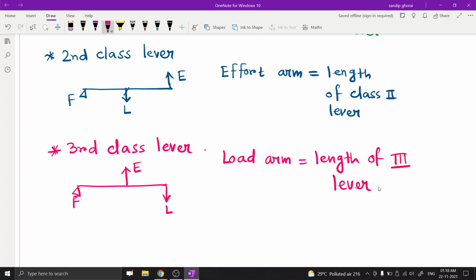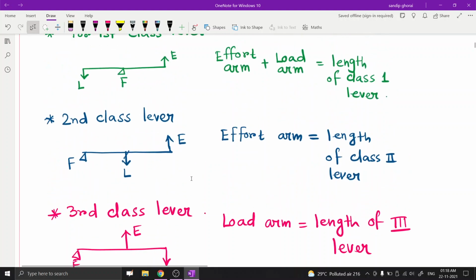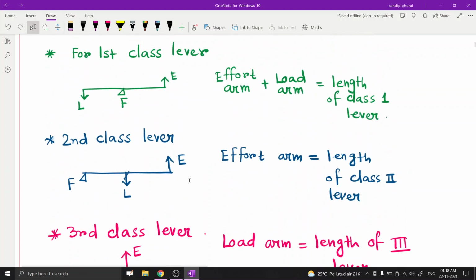For the third class lever, the load arm is always greater than the effort arm, and for the second class lever the effort arm is always greater than the load arm, but we cannot say this properly for the first class lever. When mechanical advantage is equal to 1, effort arm is equal to load arm.